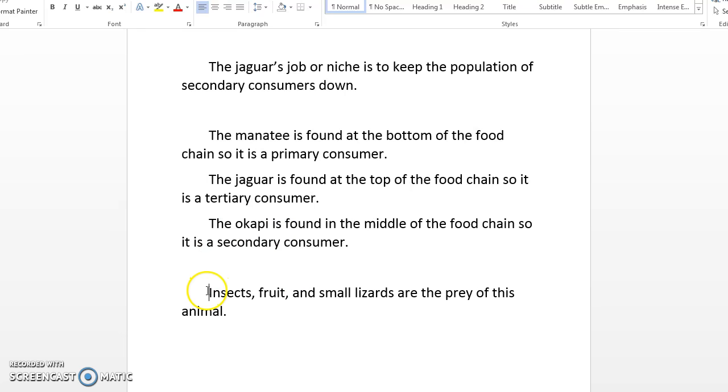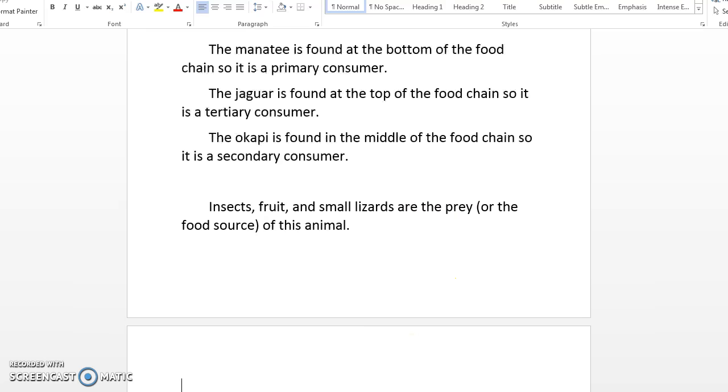That's why here I'm making the subject of the sentence whatever the animal eats. You might even say, instead of the prey, you might call this the food source. You could do either one. Okay, so go ahead and write on yours what the animal eats.